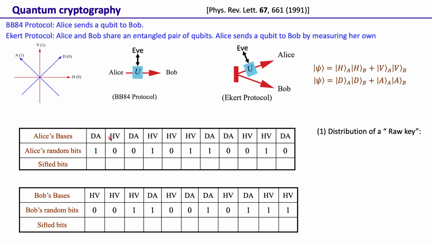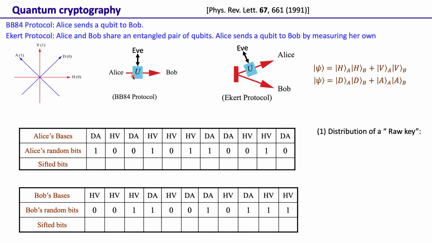So Alice decides her basis randomly, and in that basis she decides her bits also randomly, whether she wants to send a 0 or a 1. For example, whether she wants to send a diagonal or anti-diagonal. So these are Alice's random choice of basis, and these are Alice's random choice of bits.